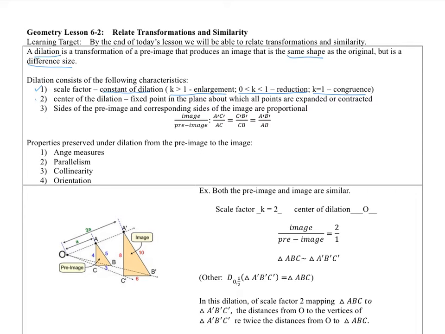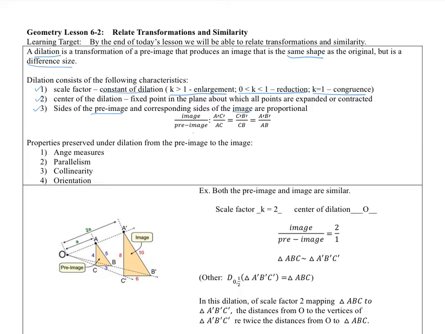And secondly, we have the center of dilation, a fixed point in a plane about which all points are expanded or contracted. And then thirdly, sides of the pre-image and corresponding sides of the final image are proportional. So image to pre-image. We can use a prime to represent the image.